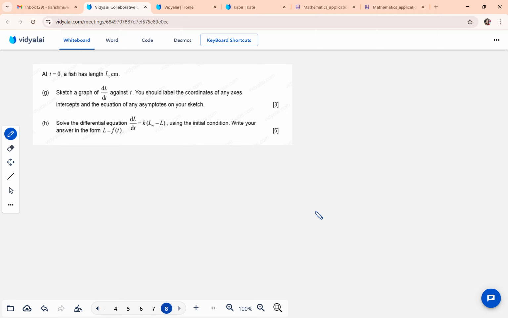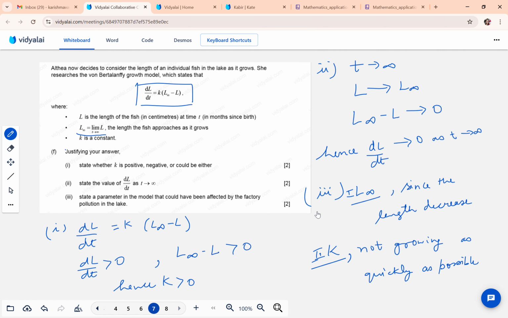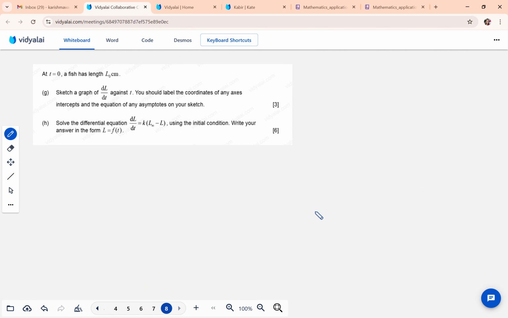Next part: at t equal to 0, a fish has length L0 centimeters. Sketch a graph of dL/dt against t. You should label the coordinates of any x-intercepts and the equation of any asymptotes on your sketch. So we need to draw a graph, and the equation we have is dL/dt equal to k times (L infinity minus L).